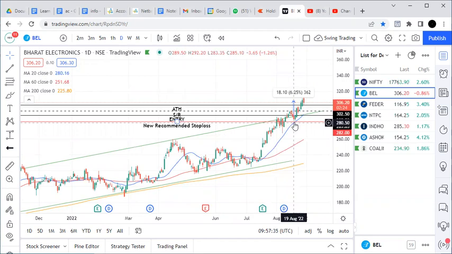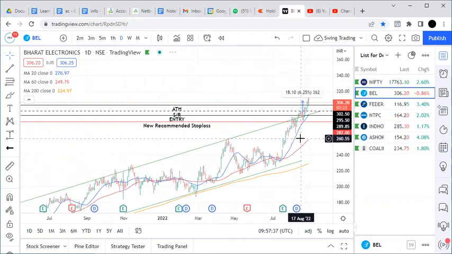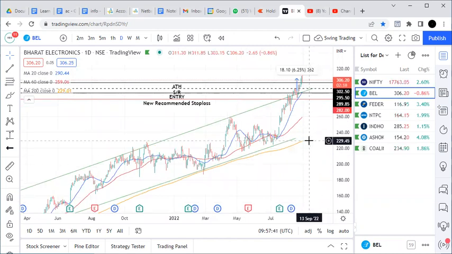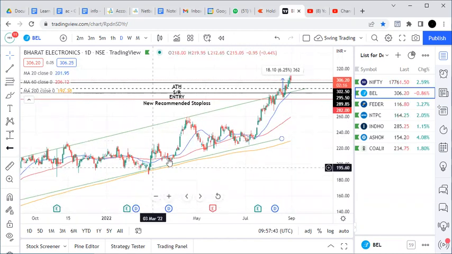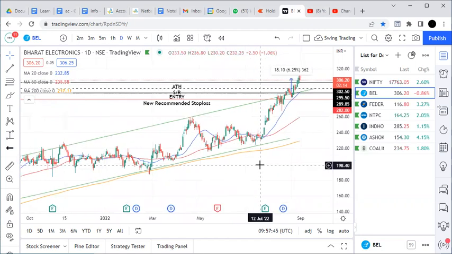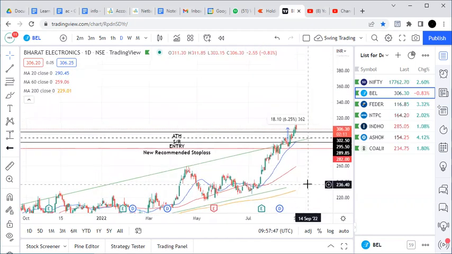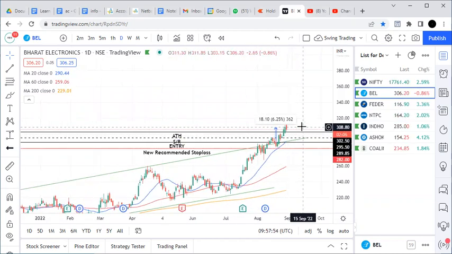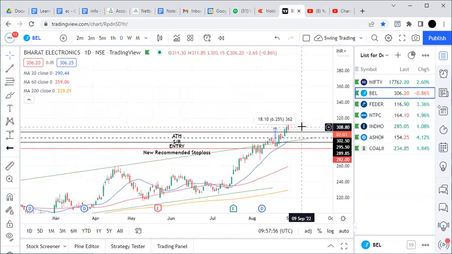That's one good sign. The other sign is that there was a trend line, and it looks like the trend line has been crossed. That's the second one. And the third good thing is that the all-time high has also been crossed. So there are several reasons why this trade looks really good.